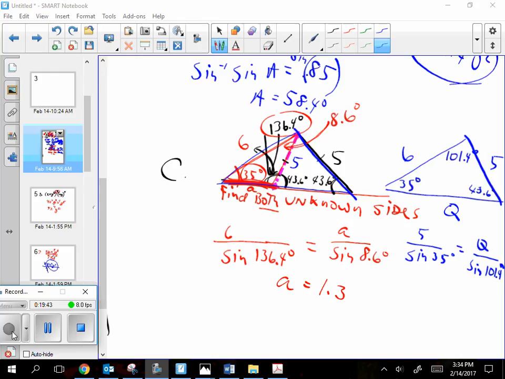And now cross multiplying and solving comes out to 0.95. Oh, wait a minute, pausing. Oops, there, it's 8.5. So Q comes out to 8.5. So that's the longer option here, the bottom of it, if it's swung out to the right. So there's an example of that ambiguous case, and that's the toughest one of them all.